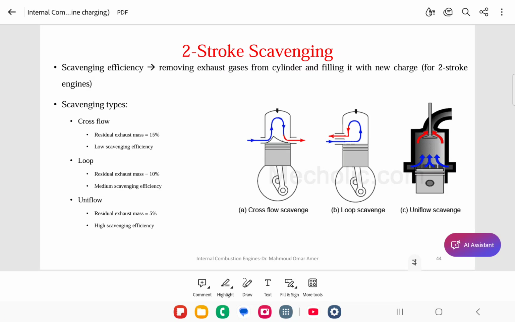And we can control the valve timing so that we can close the exhaust valve and not allow a lot of pressure charge to escape through the exhaust port. This results in a very high scavenging efficiency and the residual exhaust mass is low, up to 5% only.